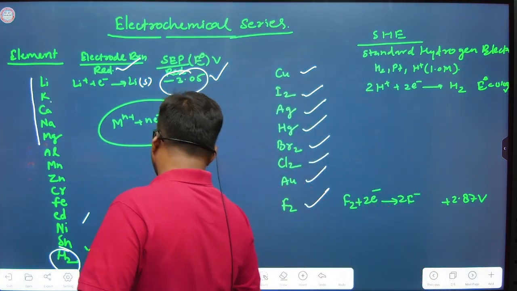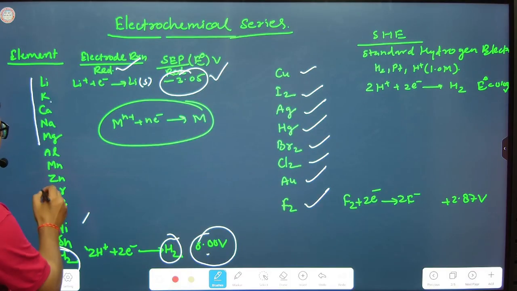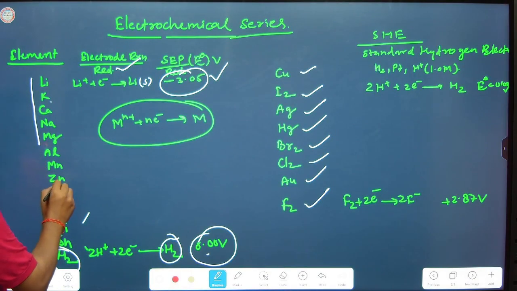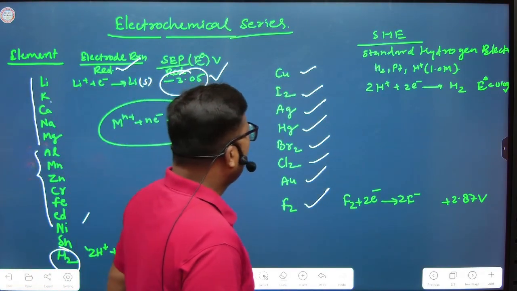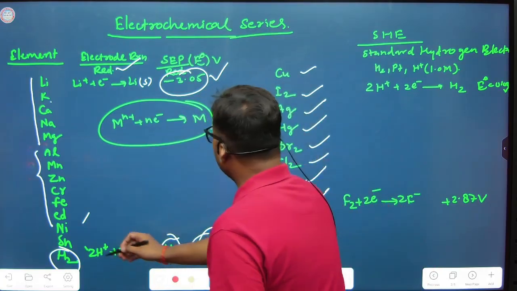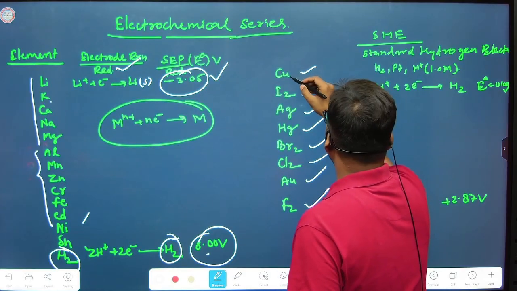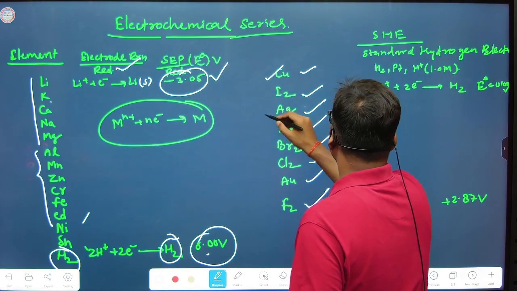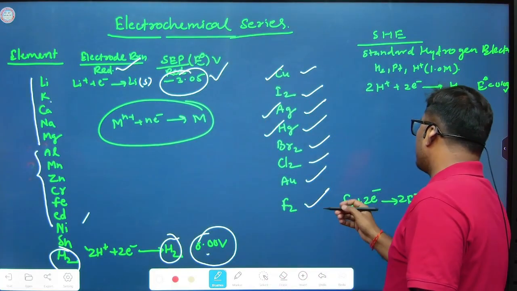Now above this hydrogen, some metals like aluminum, manganese, zinc, chromium, iron, cadmium, right? They are moderately reactive metals, and below this hydrogen, some metals like copper, silver, mercury, and platinum also.